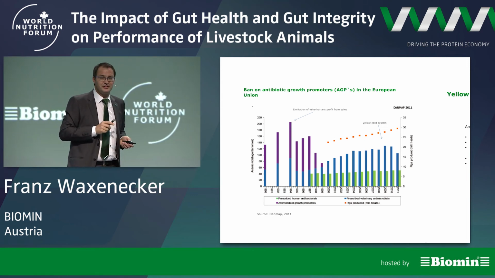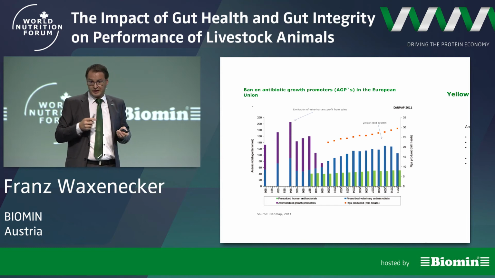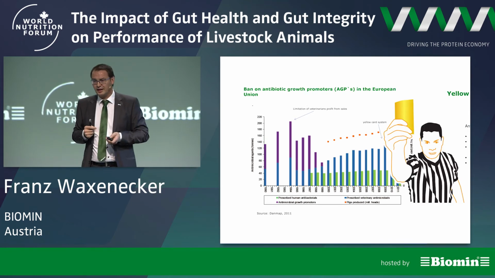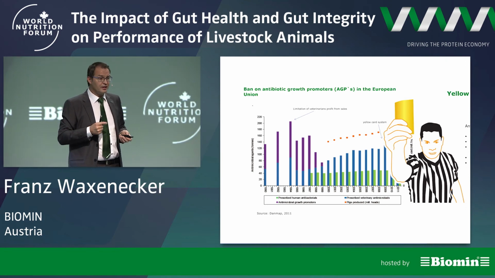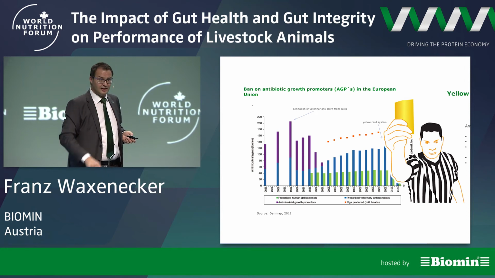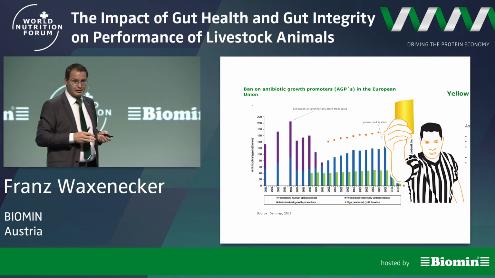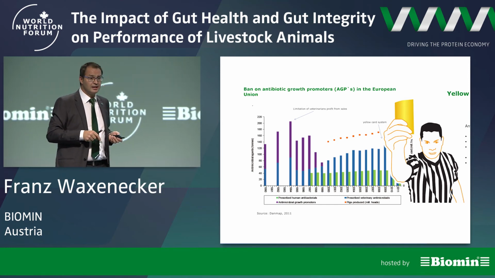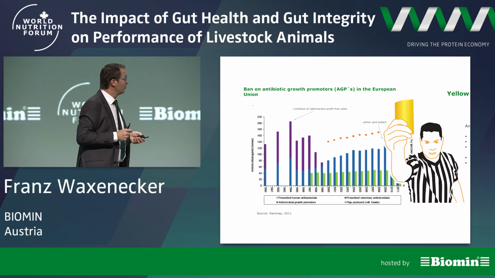And of course, this was not the intention of the government. And that's why in 2008, some of the countries in Europe brought a so-called yellow card system in place, which says, hey, if there is an overuse of antibiotics on certain farms, this farm will feel some consequences in order to limit the overall consumption of antibiotics.